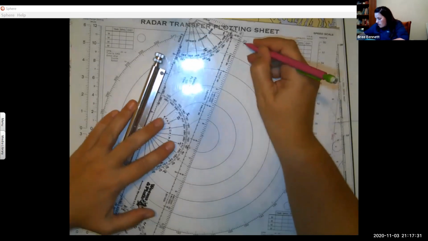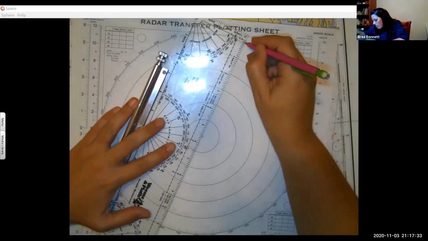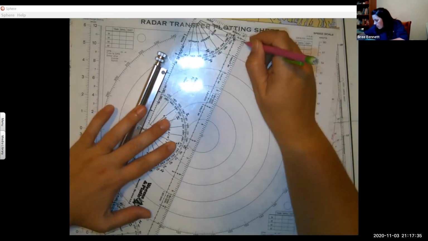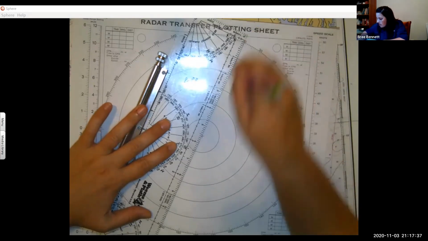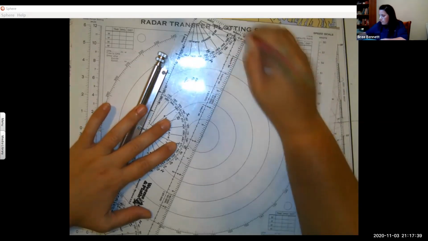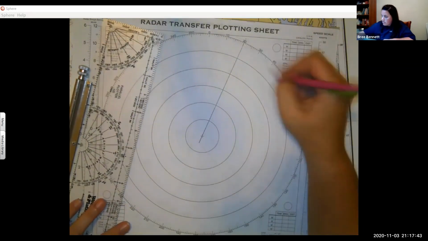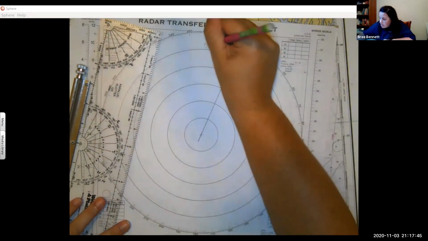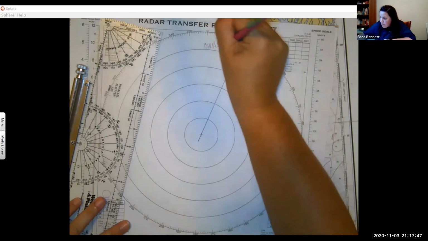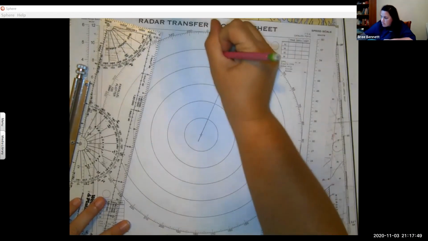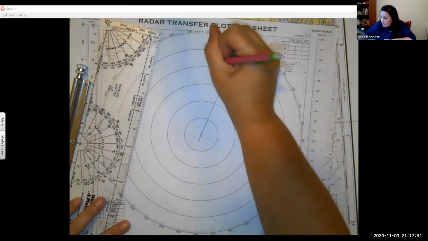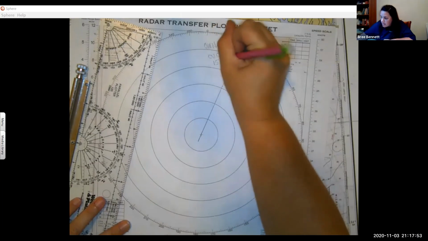Zero to 0. There is our heading line. So I'm going to say my own ship 020 at 15 knots.